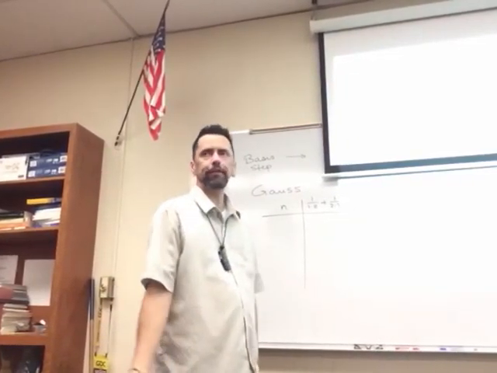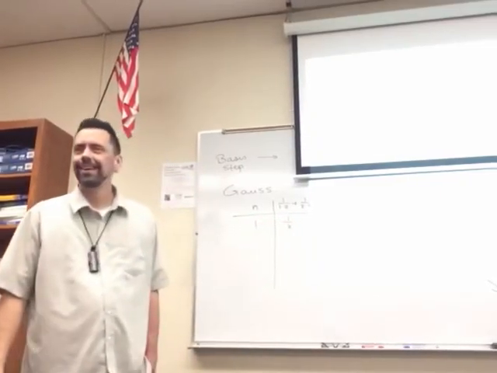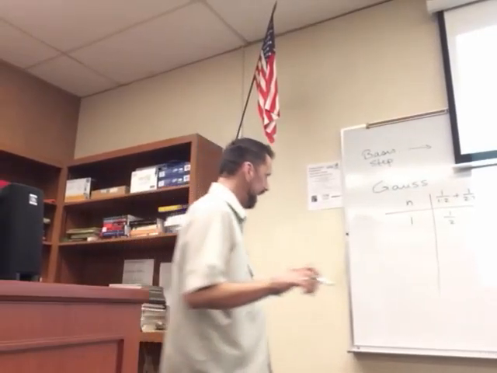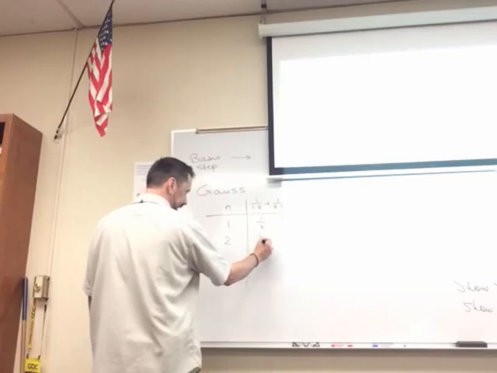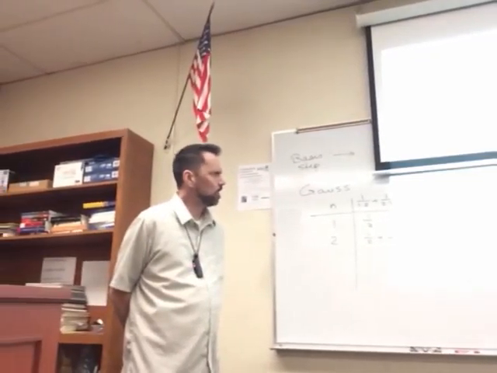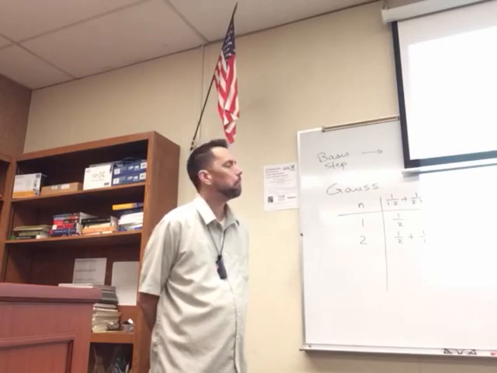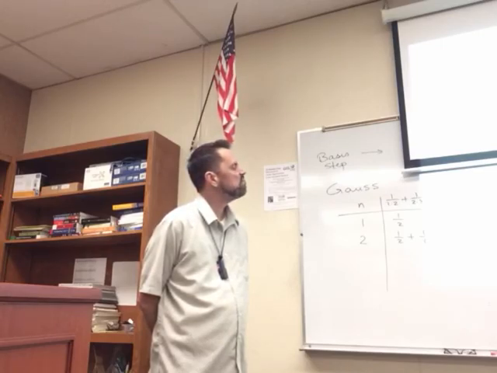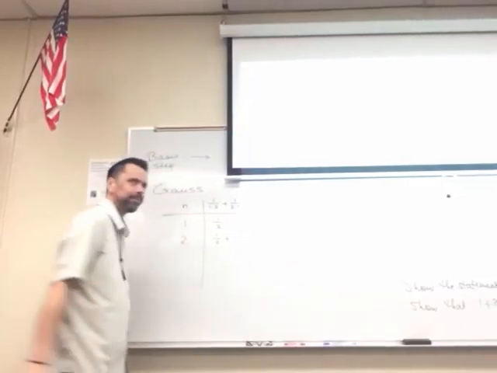That just means it's only the first term. So that would be 1/2. When n equals 2, it's the first 2 terms. It's 1/2 plus 1/6, which adds up to what? Three sixths plus 1/6 is 4/6, otherwise known as 2/3.